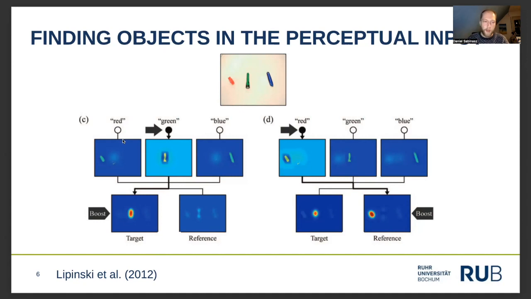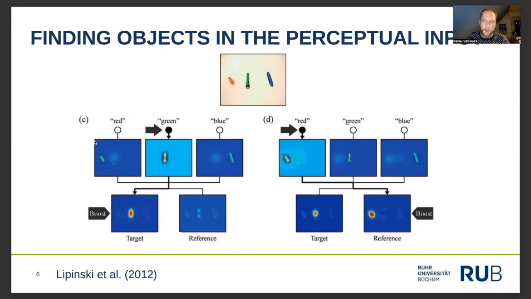So if you disregard for now that this currently receives boost input, you see that the red object provides subthreshold input in the red region of this field. So these are actually 2D snapshots of 3 different slices through the 3D field.